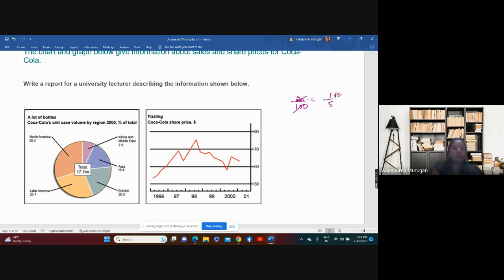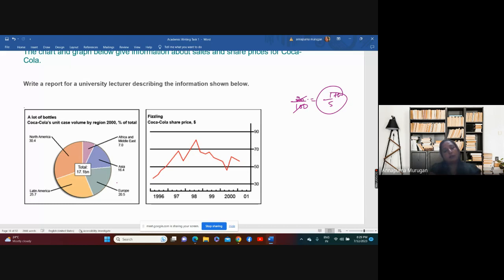So 1/5 of the sales happened in Europe, followed by Asia, which is a little lower than this one. While Africa and the Middle East experienced very low sales of Coca-Cola.